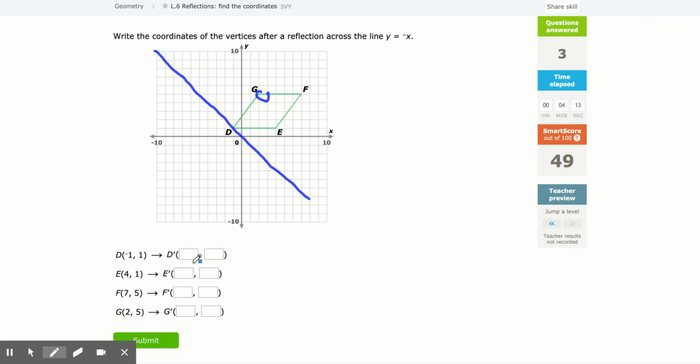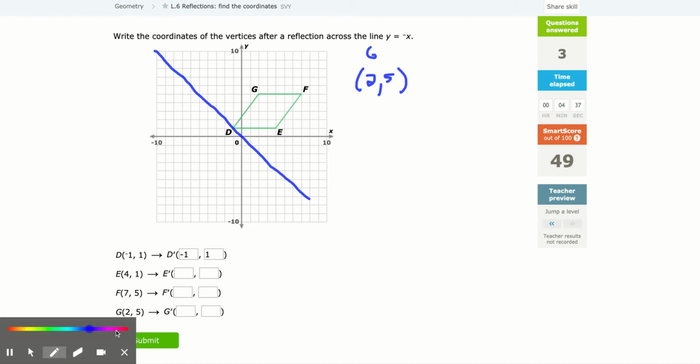D will be the same. D will still just be -1, 1. But let's look at G. G has an x value of 2 and a y value of 1, 2, 3, 4, 5. Okay, so that's point G.